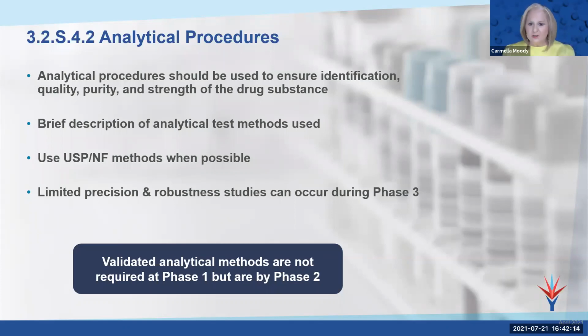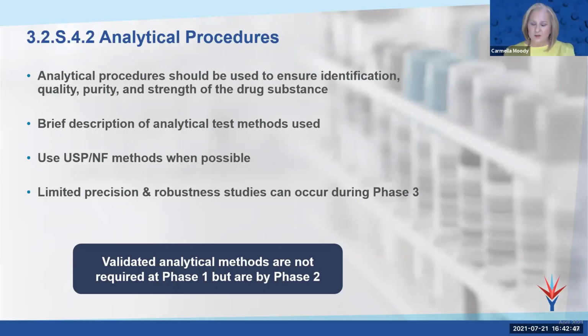And so your analytical procedures are there for ID, quality, purity, strength, okay? What you have to do is include a description of your analytical method in your regulatory submission. Again, at early phase, you don't have to provide as much information about your method as later phase, but you do have to provide information about your analytical test methods.